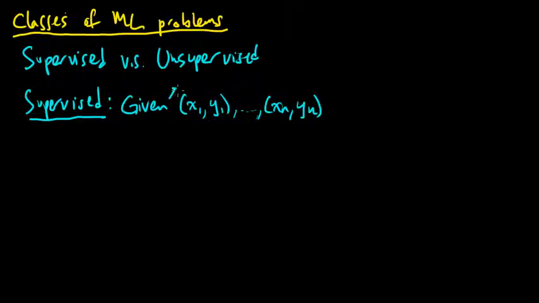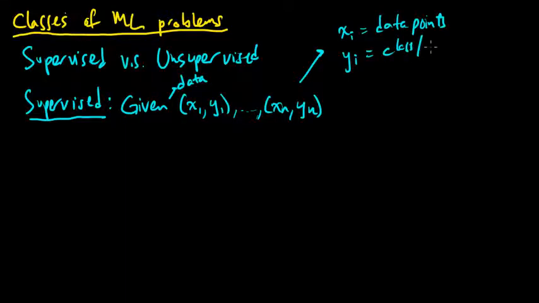This is the given data. We usually call the xi's the data points, and we might call the yi's the class, or the value, or the target value.